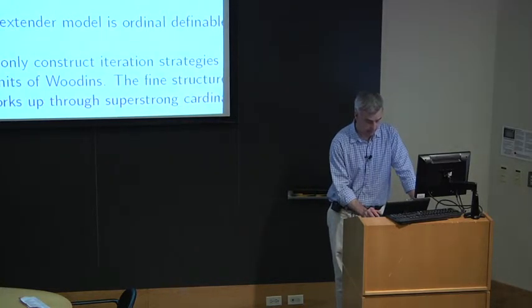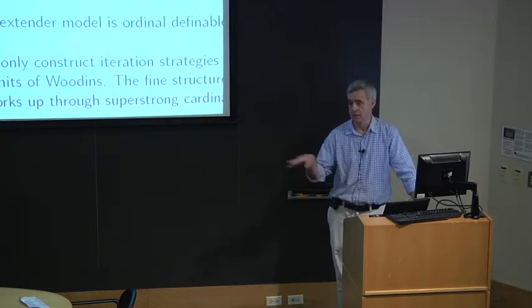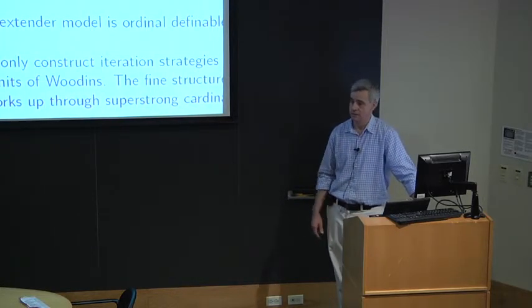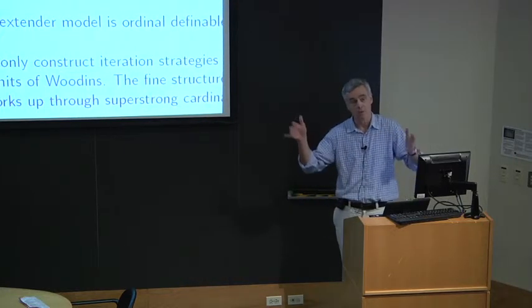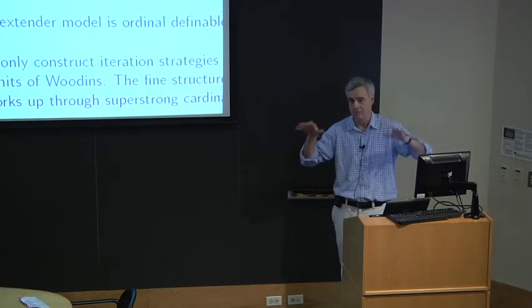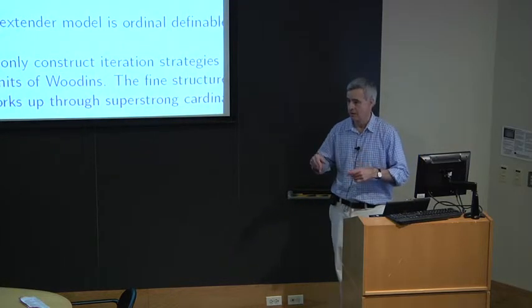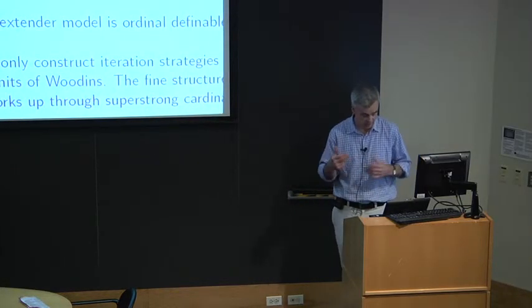Okay, and at the moment, we can only construct iteration strategies for canonical extender models at the level of Woodin limits of Woodin cardinals or a bit past. So when I say the inner model theory is stuck at the level of Woodin limits of Woodins, that's exactly where the sticking point is. It's constructing these Hom infinity certificates of being standard models, the iteration strategies.